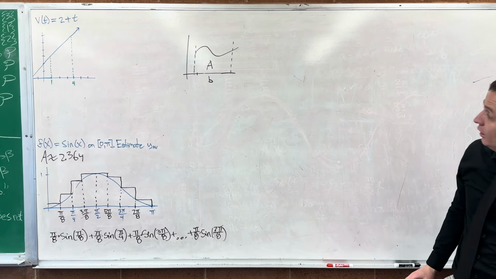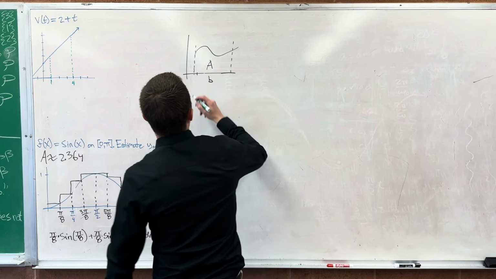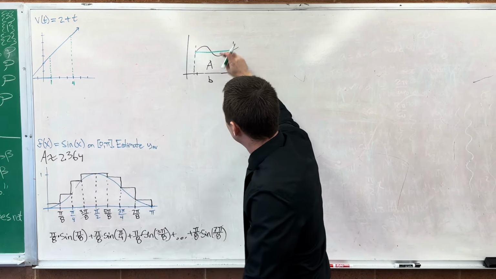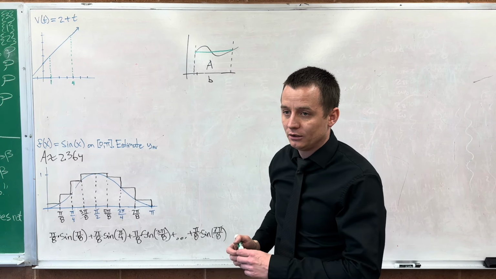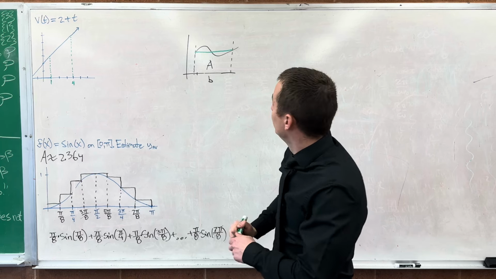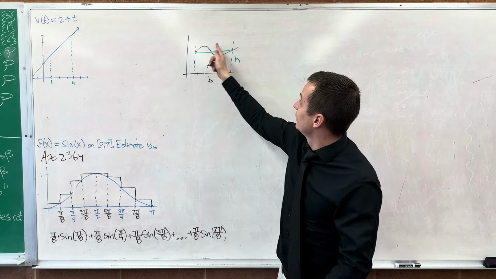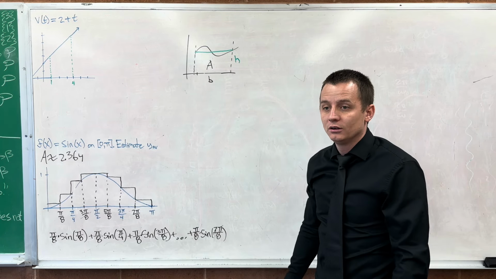The idea is, let's create a rectangle that has the exact same area as the curve, and then whatever its height is, that's the average height. So, what is h here? If you know that its area is A and its base is B, what's h?